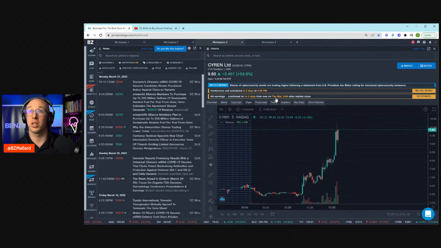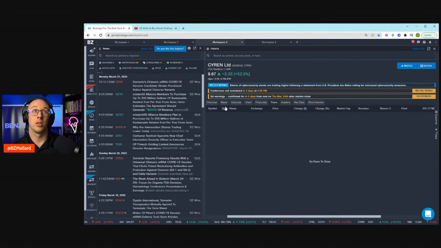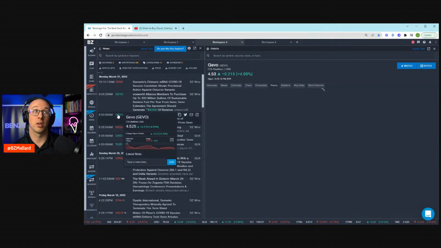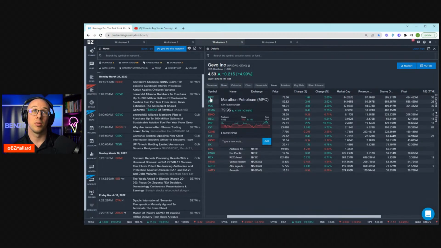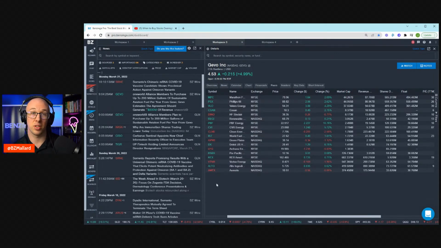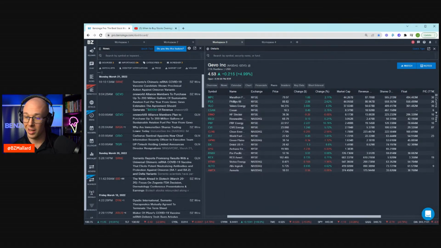Well, this is interesting. Let's see if it breaks above $10 here. This peers tab is nice. Oh, it's not giving me anything there. But let's say I was just looking at Gevo and I wanted to see what are some other companies that are similar to that. I've got a quick little watch list that I can run through to look at as potential sympathy plays. So fun fact, the peers tab will give you some other ideas.